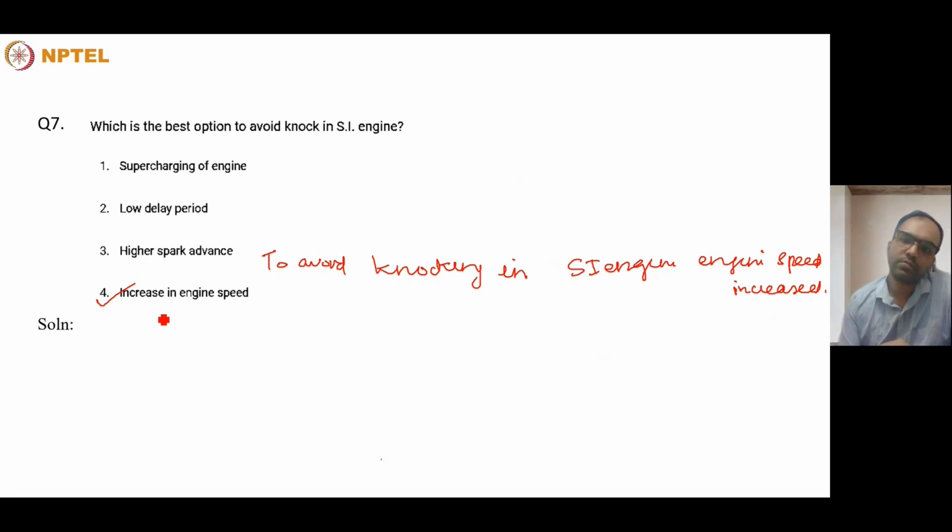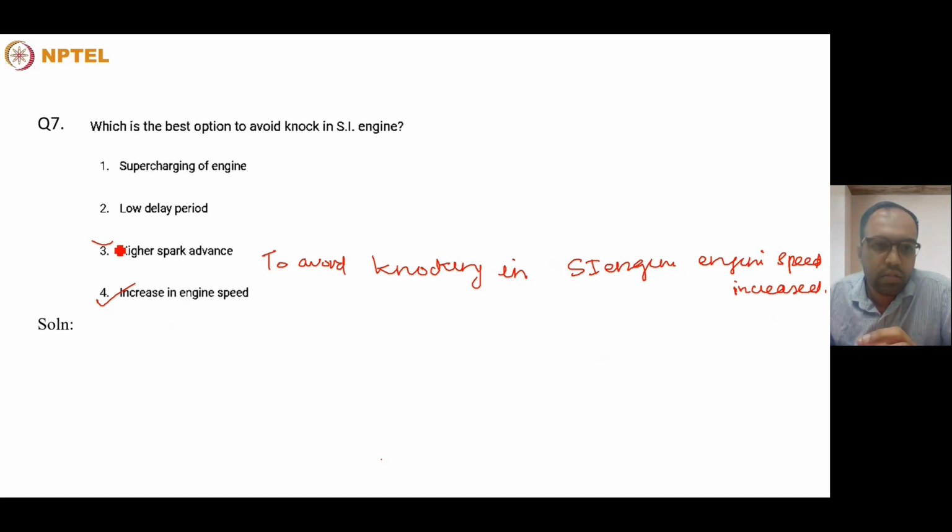If you advance the spark, by the time the piston comes to the top dead center, during compression, the mixture gets burned, and there will be a sudden rise in temperature and pressure throughout the air fuel mixture, and because of that there is a chance of the far away mixture getting pre-ignited before the flame reaches it.